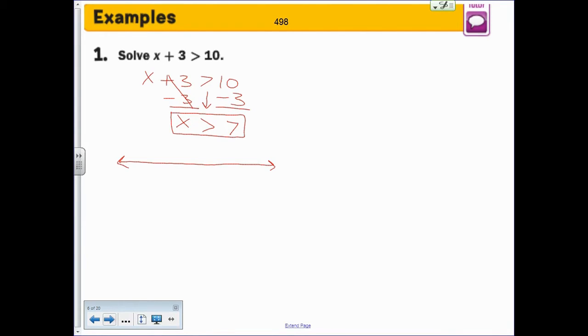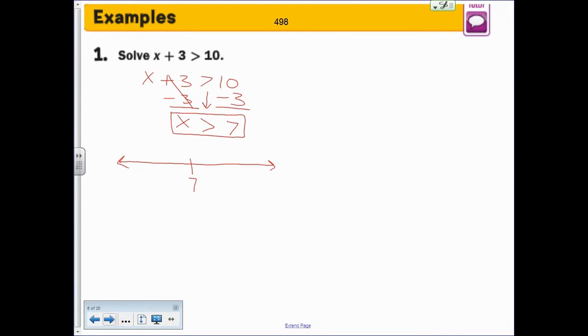That can be a little confusing for some people, but what it really means is that we need to graph our solution. Now, we graph solutions on a number line. If you look in your book, they're going to have lots and lots of numbers on their number line. When we graph these by hand, I'm asking you to only give me 3 numbers. I want you to take the solution you came up with, which is 7, and put it in the center of your number line.